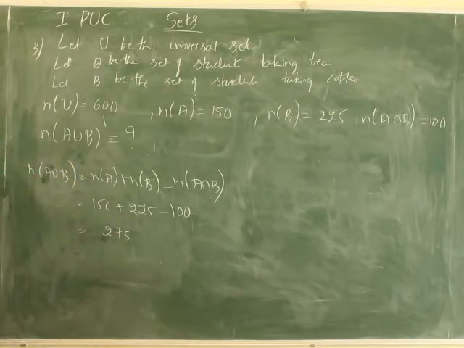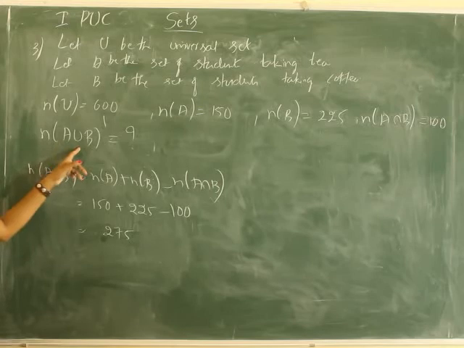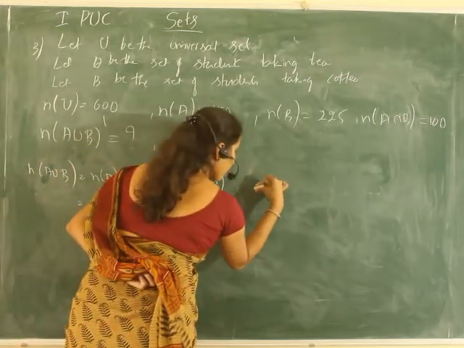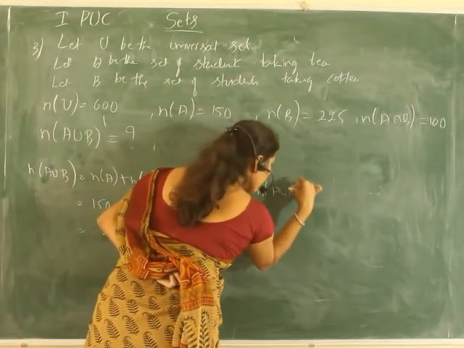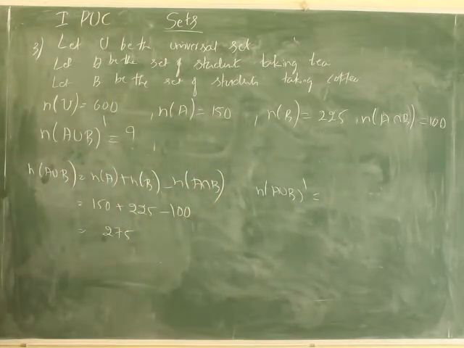So 275 students are taking either coffee or tea. But now we have to calculate neither coffee nor tea. So what is n of (A union B) complement? It is equal to the elements which are not in the union but are in the universal set.